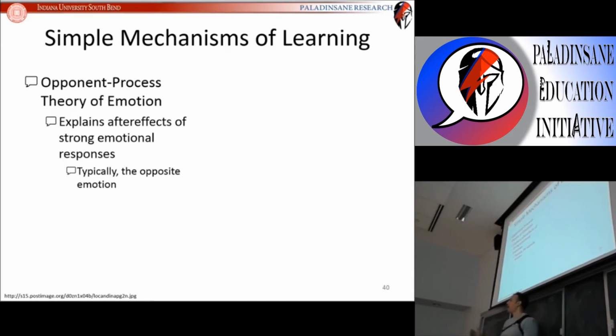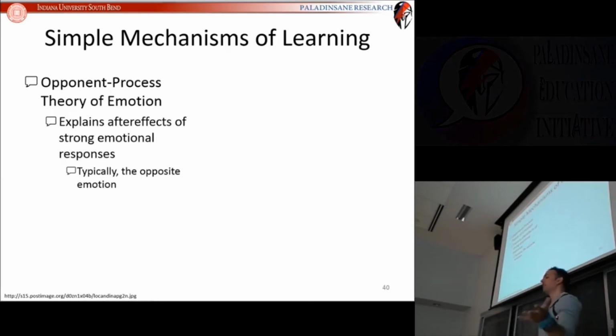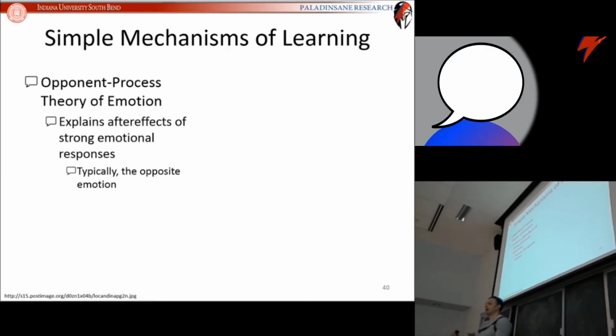Why? Why did you go from being completely afraid to feeling completely fearless? Why do people who win the lottery and have this great happiness after learning that they won the lottery oftentimes go through a period of profound sadness after winning the lottery? Why these opposite emotions often occur, that was what the opponent process theory of emotion was trying to explain.